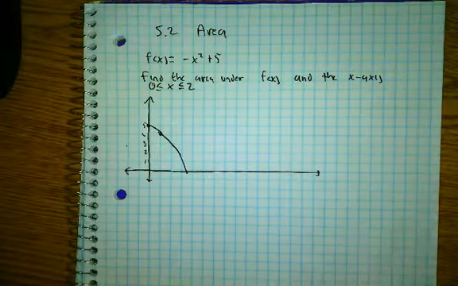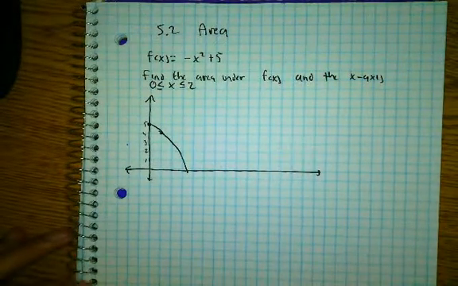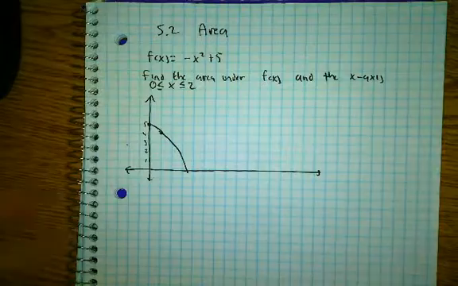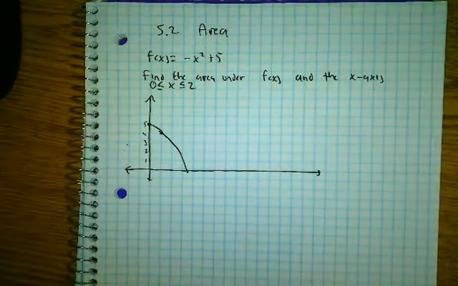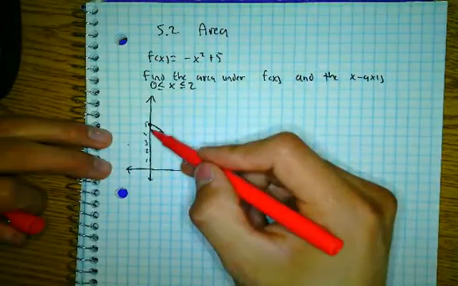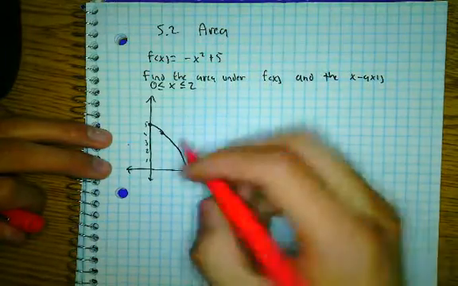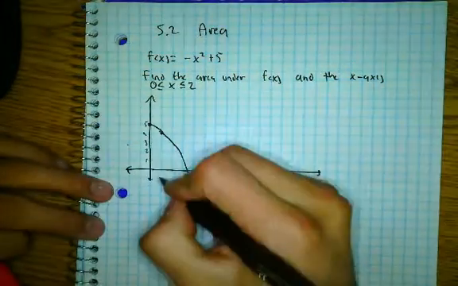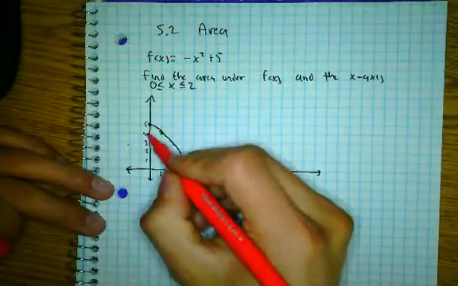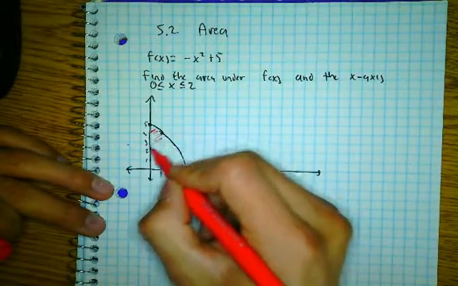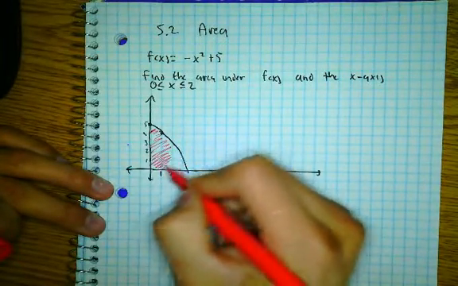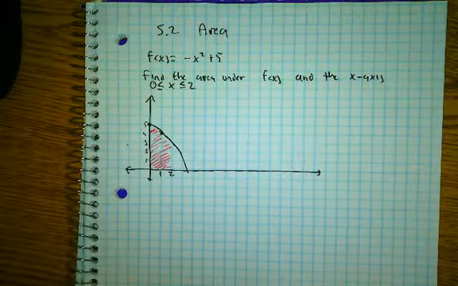Correct? It's not perfect. It doesn't have to be perfect. But here's what we know. I want you to find the area under the curve between 0 and 2. So if this is 1, that's 2. In other words, I'm asking you to find this area. Agreed?